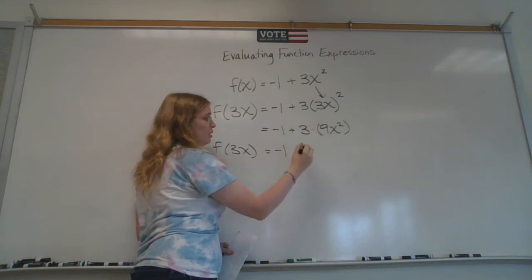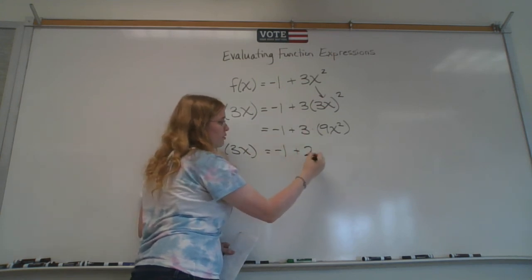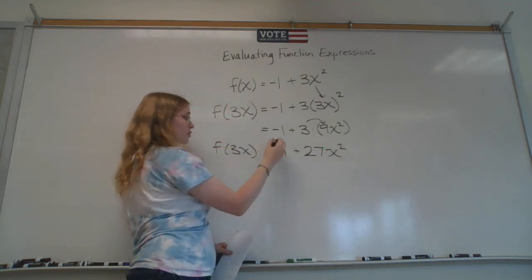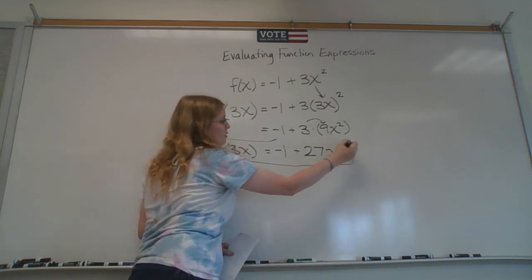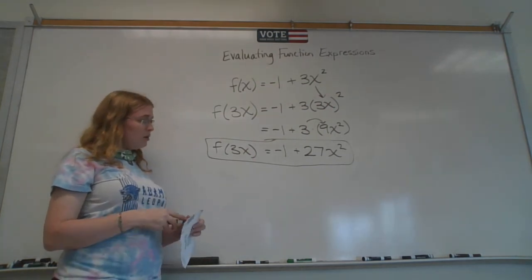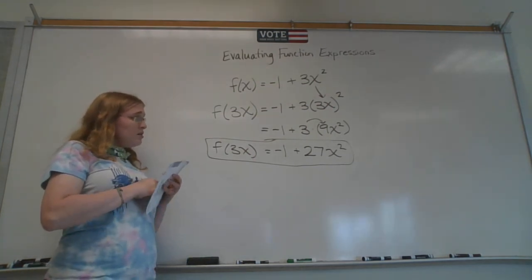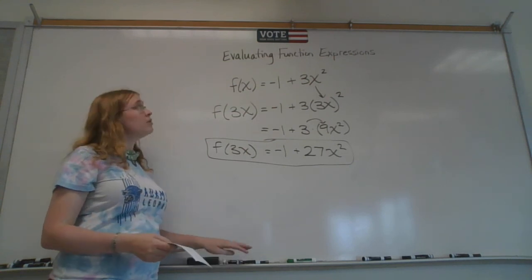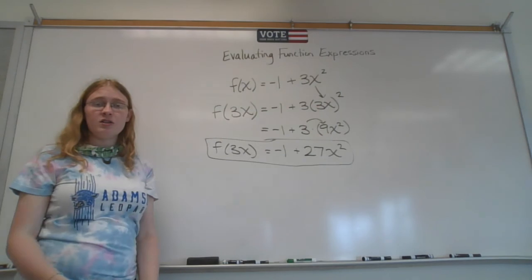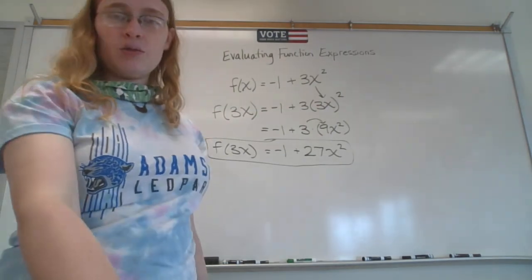Three times 9x squared, 3 times 9 is 27. So negative 1 plus 27x squared. And that is some examples of plugging in an expression and evaluating a function at an expression. Woohoo, less than 12 minutes.